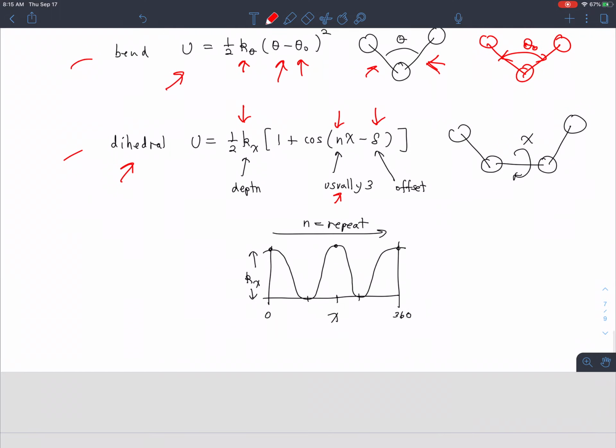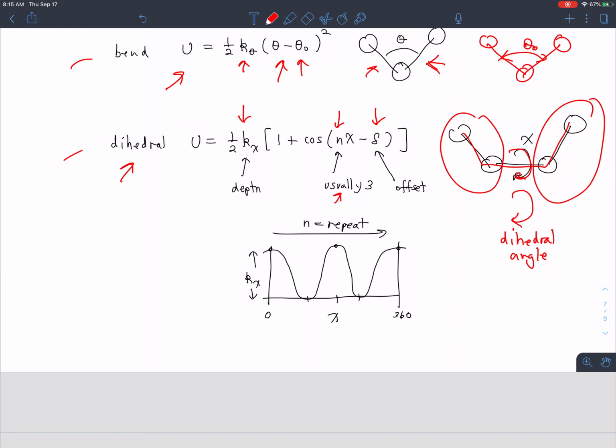And if you plot it, it depends on this angle chi, which is the dihedral angle of rotation around a bond that connects 4 atoms together, rotating this end of the arrangement relative to that end of the arrangement.